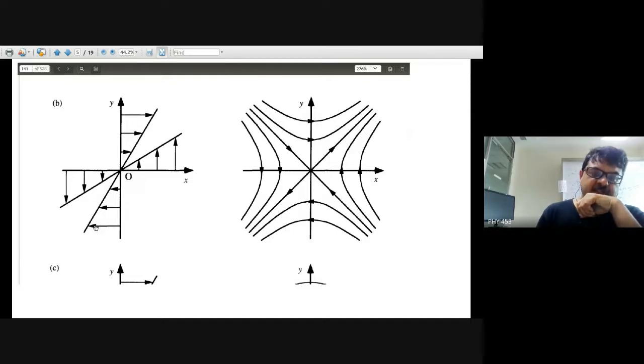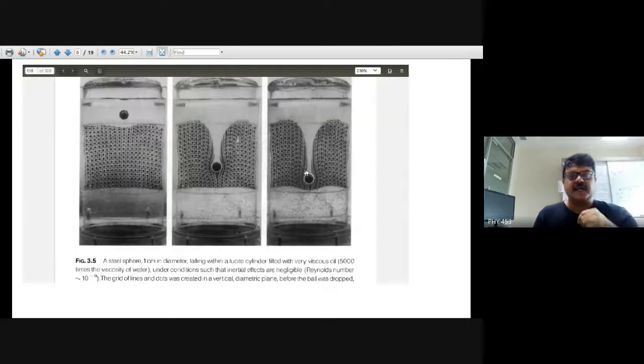It's moving in the opposite direction. But when you take the long term, these are the so-called principal axes, and along these axes there is pure extension and pure compression. These will be the principal axes, which will of course depend upon the values of A's and B's. So that's what you're going to get.